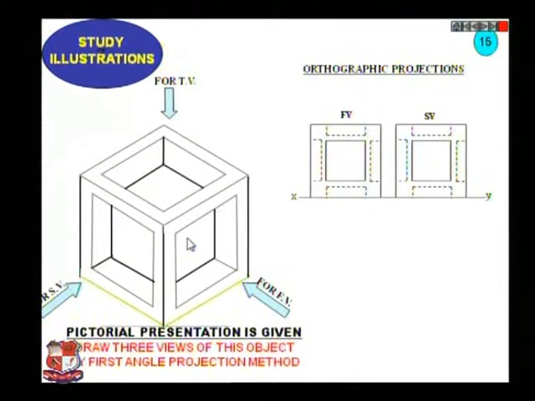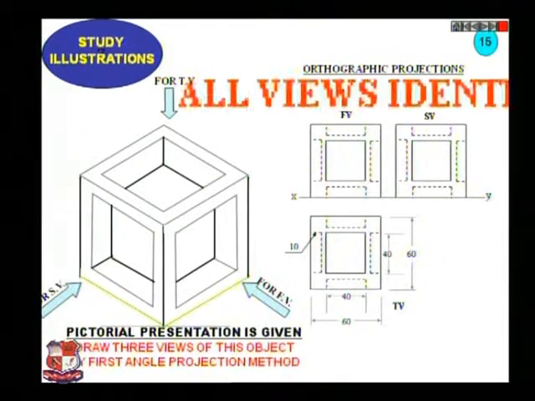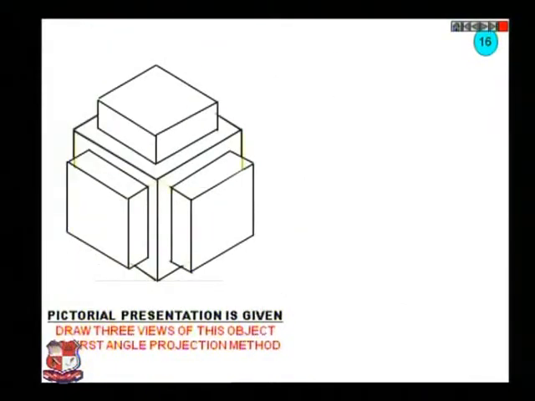Similarly, its side view, and this is the top view. This is the problem in which all three views are identical. If you look from any side, this object will appear the same. Such kind of problems are called identical problems, and it's a typical problem.